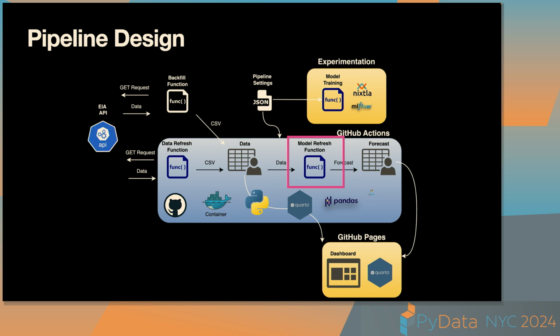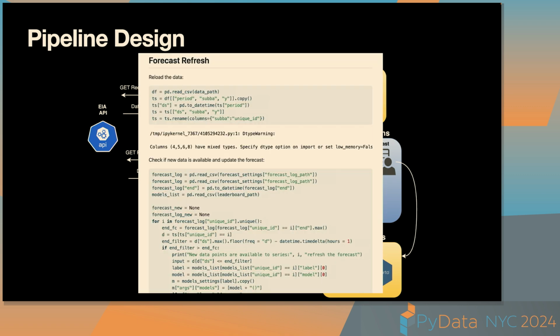I combine it together with the data refresh, so I have one notebook that refreshes the data, checks if new data is available, pulls the models metadata, runs the models, and creates a new forecast. So that's the forecast refresh component in the pipeline.